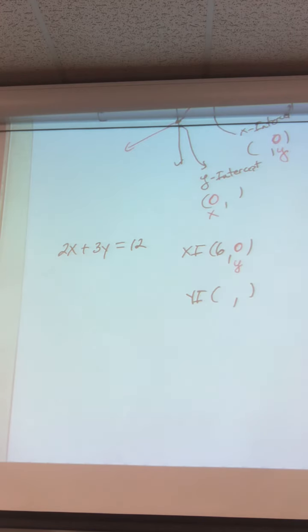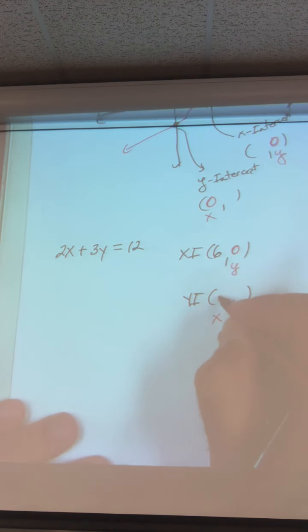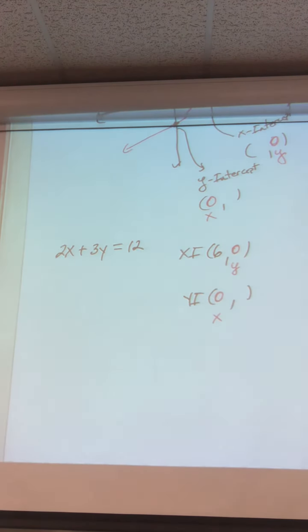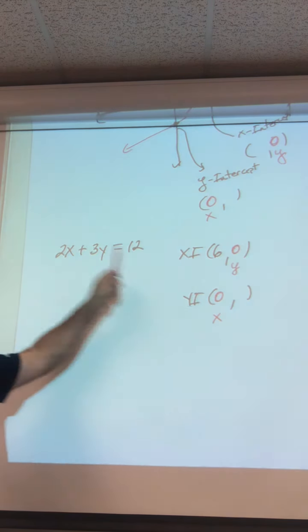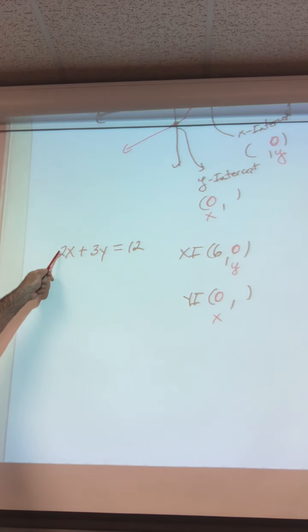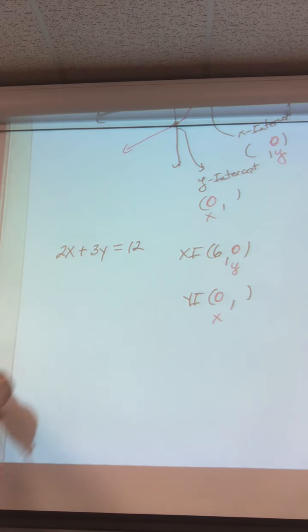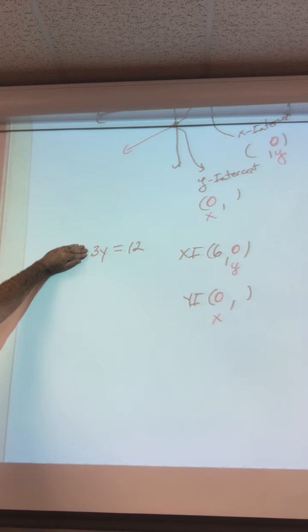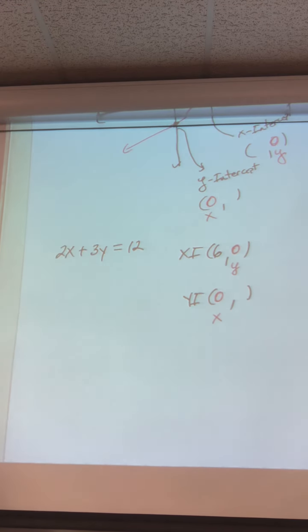Now, let's find the y-intercept. Let x be 0. So to let x be 0, you plug 0 in for x right here. 2 times 0 is 0. So you're left with 3y equals 12. Divide both sides by 3 to get y to be 4.